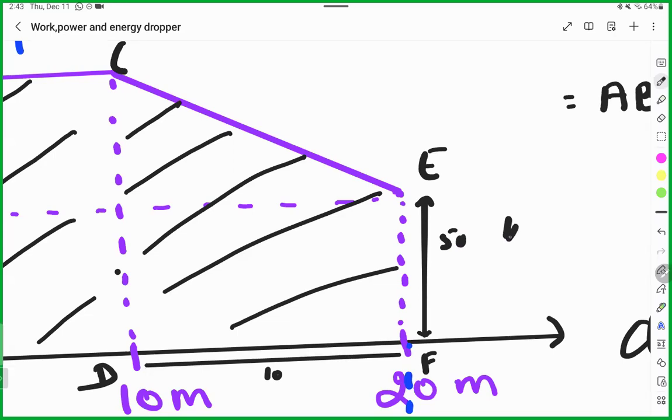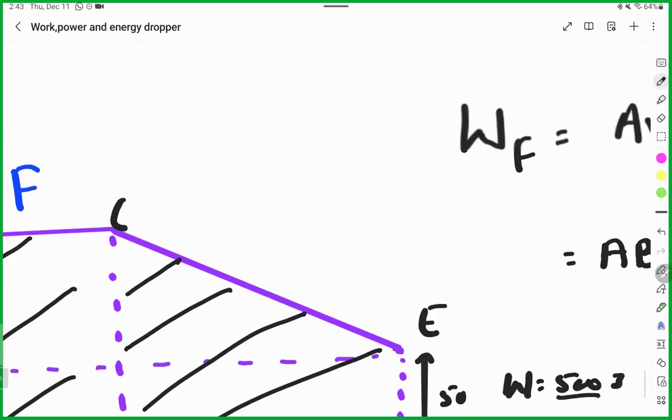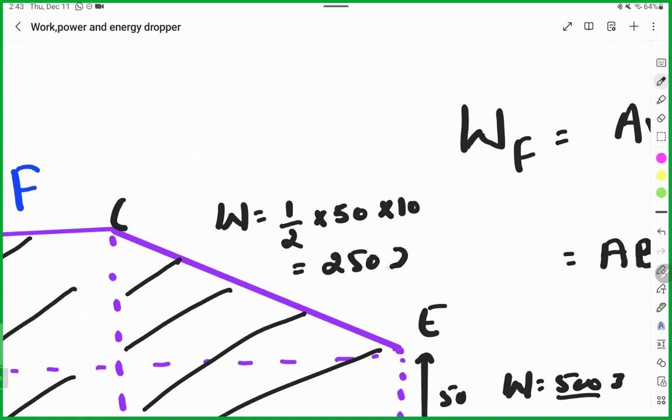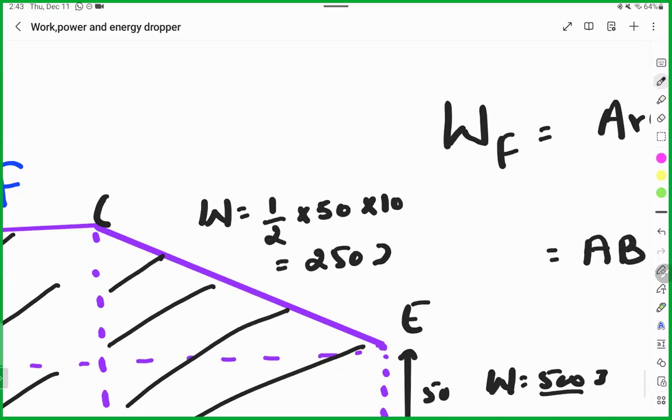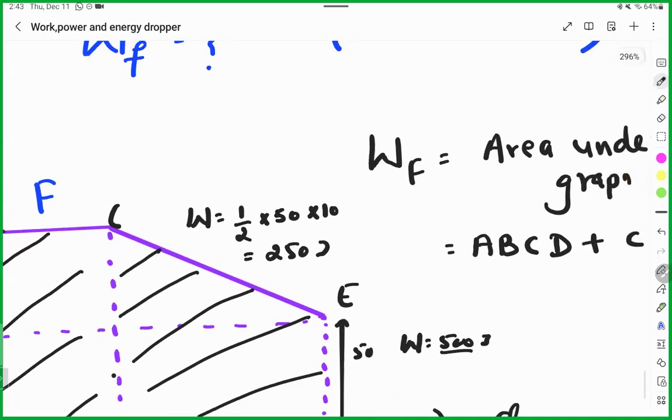So what will be the work done in this case? 50 multiplied by 10, 500 joule. How to calculate area of the triangle? You know, area of the triangle is half base into height. Base is 50, that is 100 minus 50, and height is 10. What is the answer? 250. Still, you can get the answer 500 plus 250, 750. It will be easy for you. Rectangle plus triangle.